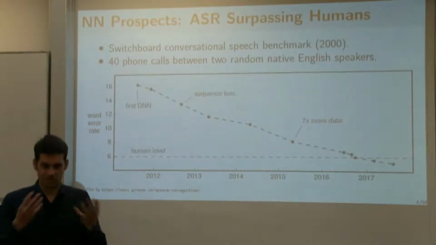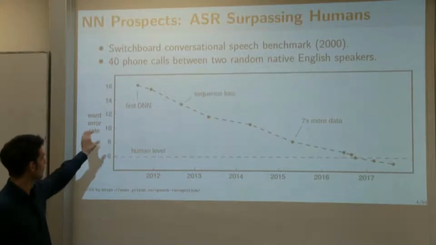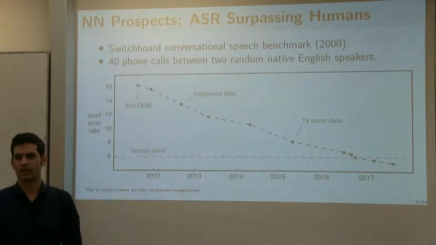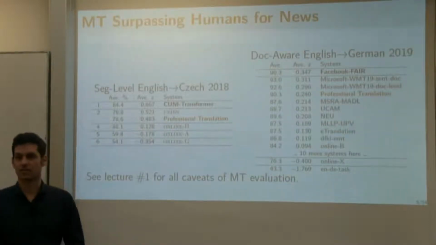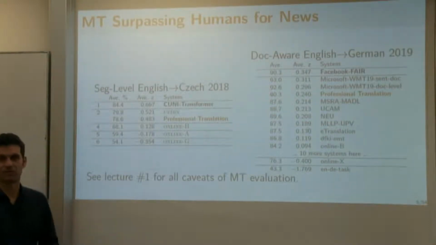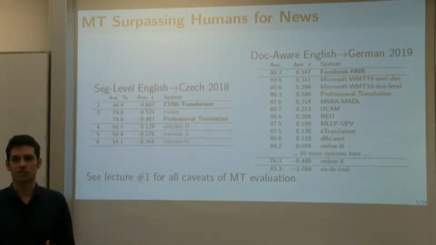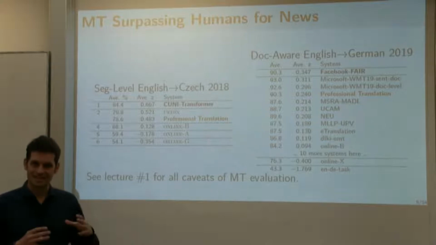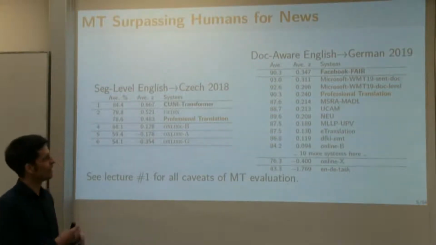So the transcription of spoken language into words will contain fewer errors. This is the standard measure, word error rate, and that would be better than if a human was typing what has been said. We have discussed in the past, bear in mind the caveats on the evaluation, that machine translation is also getting on par with humans in some settings and in some evaluation ways.